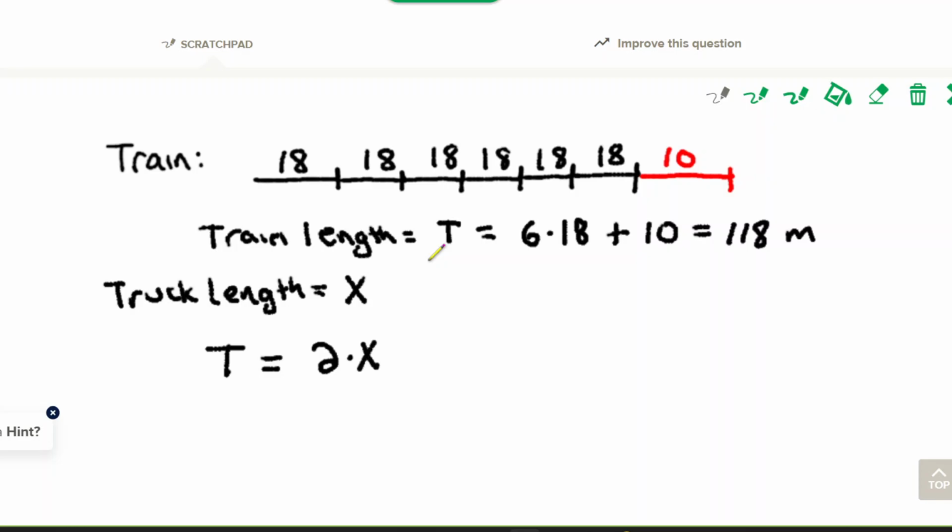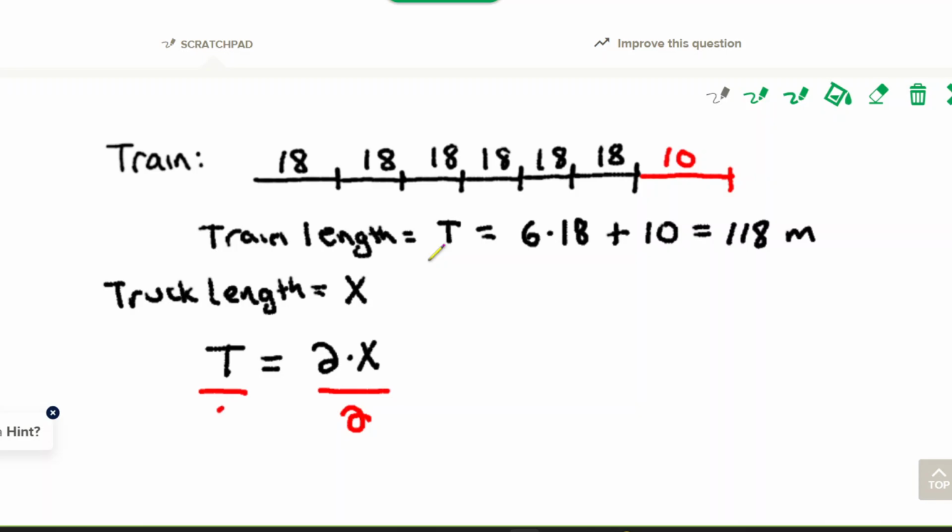And so, if I want to find the length of the truck, I want to get X alone. I don't want 2 times X. Just like in the previous example, if I'm multiplying X by 2 and I want to get rid of that 2, we do the inverse operation of multiplication, which is division. To undo multiplication, you divide.